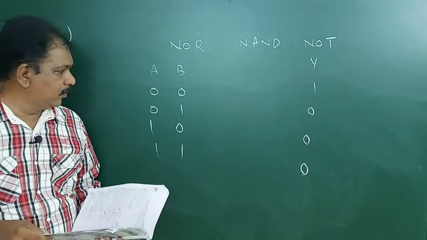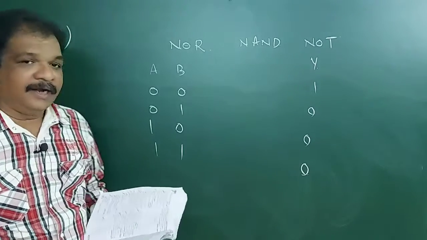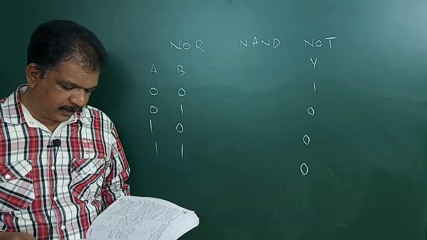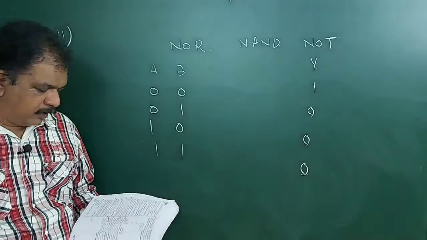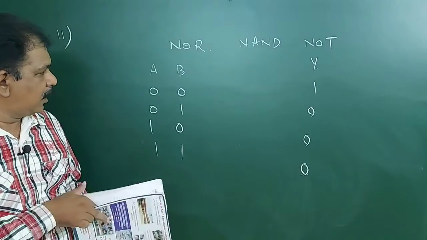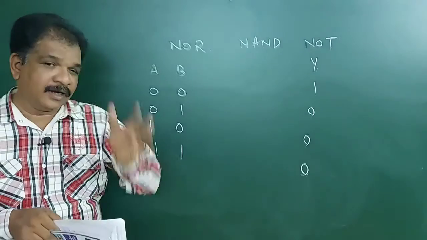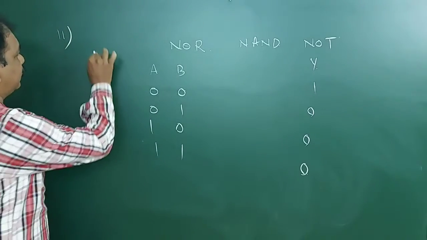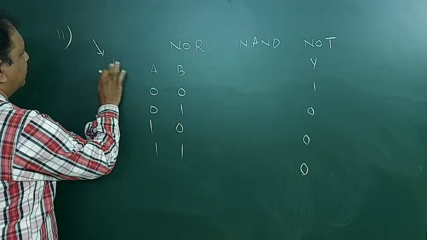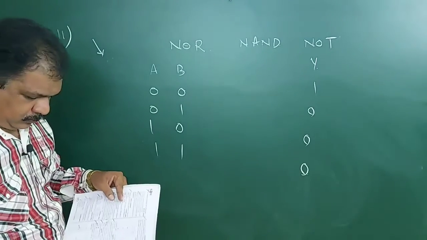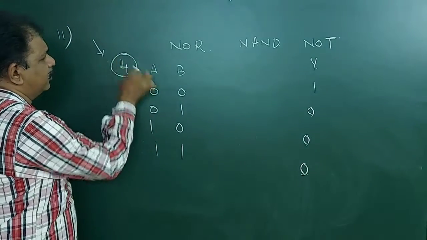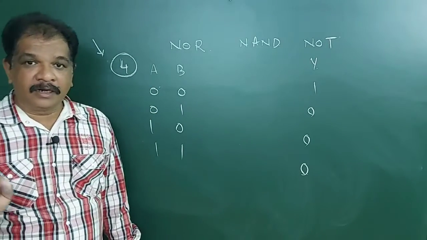This will be equal to a NOR gate, not a NAND gate. NOR gate, 0 0, all are ones. So the option for this 11th will be the fourth option. This is the truth table for the NOR gate.